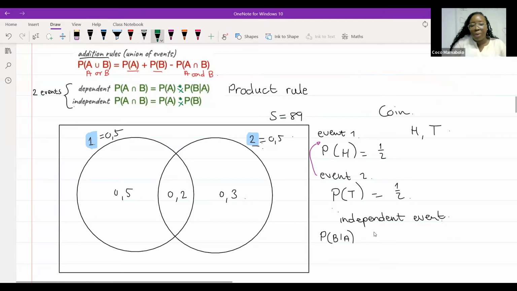That's why, if we want the probability of A and B, we must look at the probability of A times the probability of B, but only if A has happened. That's why we're saying the probability of B given A. We cannot do the one thing without the other thing happening first.